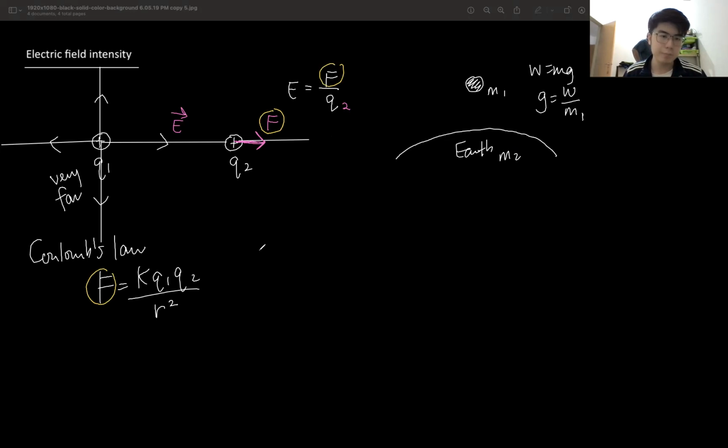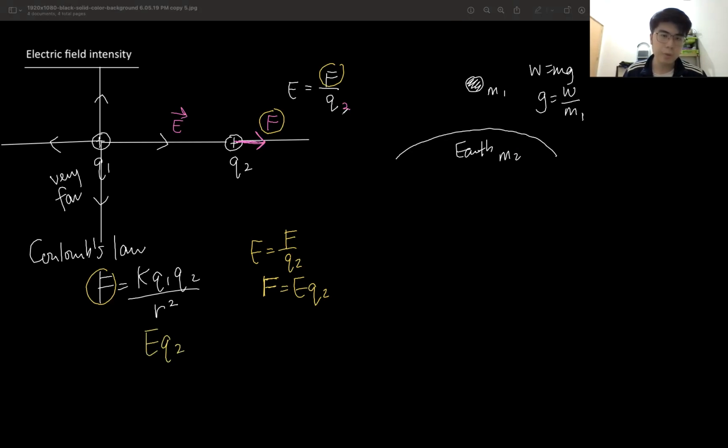From this equation, E equals F over Q2, I can write F equals EQ2.